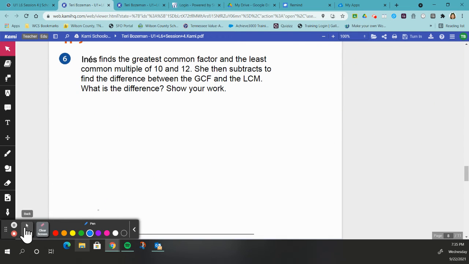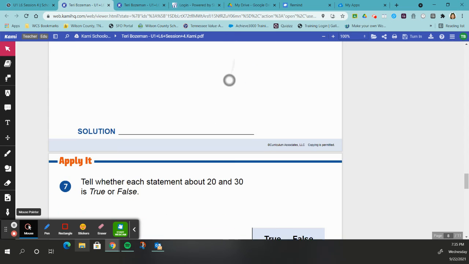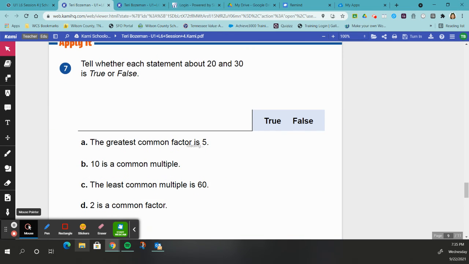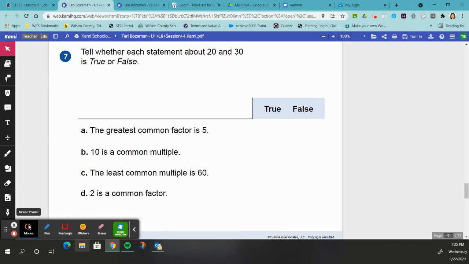All right, let's take a look at our next problem. Number 7, tell whether each statement about 20 and 30 is true or false. The greatest common factor is 5. So if we're listing our factors of 20 and 30, right?